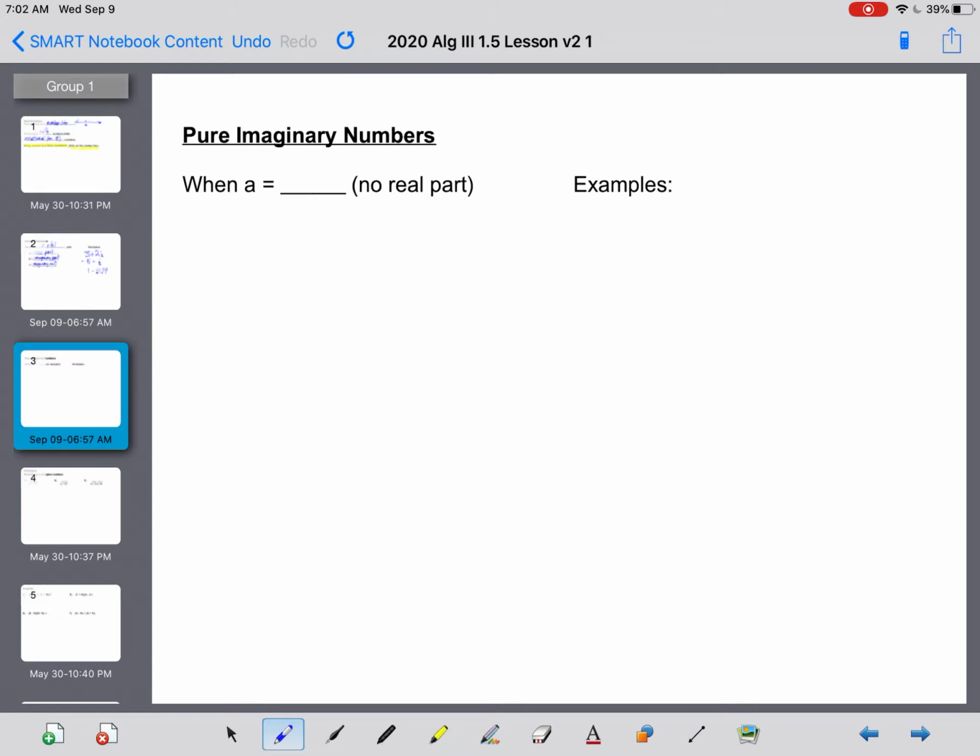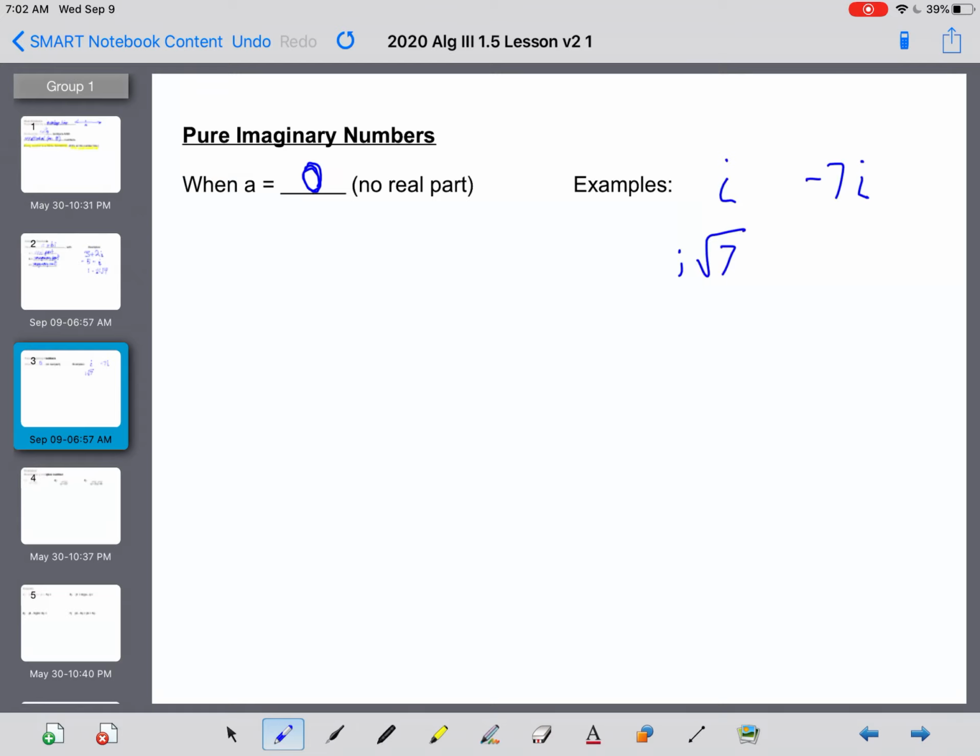Moving on here. A pure imaginary part would be like I, negative 7i, root 7 times I. So these are all examples of pure imaginary part. That's when the A, the real part, is 0, so there's no real part.